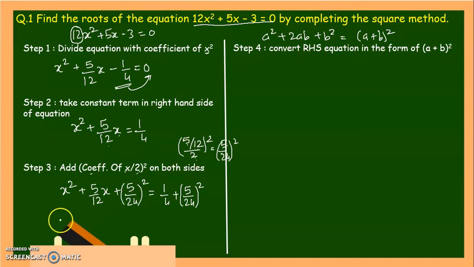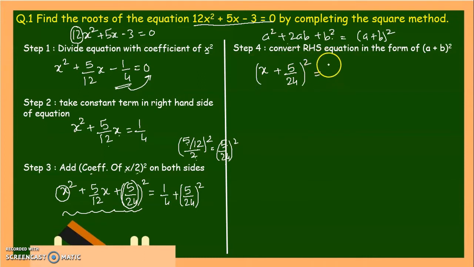If you see the left hand side of the equation, it is in the form of a² + 2ab + b², where a is x and b is 5/24. So we can write it in the form (a + b)², that is (x + 5/24)².